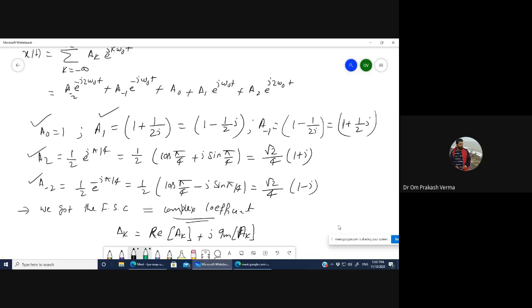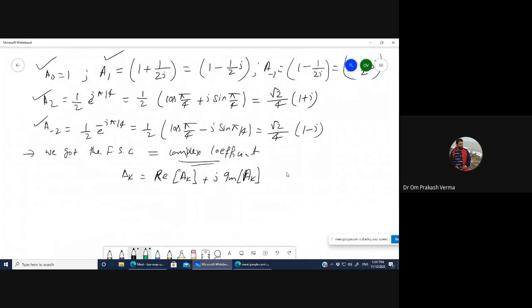Since the complex coefficient is written in this form, obviously it has two parts, the magnitude as well as the angle or phase.